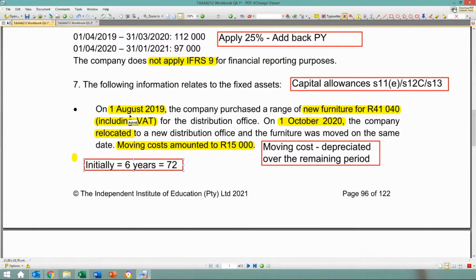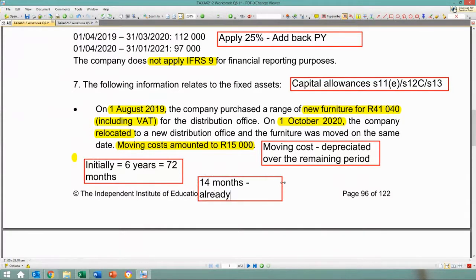Okay, let me just quickly count there. So it's August, September, October, November, December, January, February, March, April, May, June, July, August, September. So 14 months has already expired.